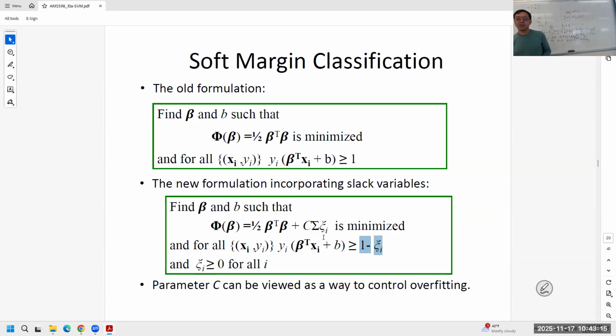But I want to make this value as small as possible. The parameter C here you can view as a way to control overfitting. C is sometimes also called a budget, that means how much budget you can give to each point.